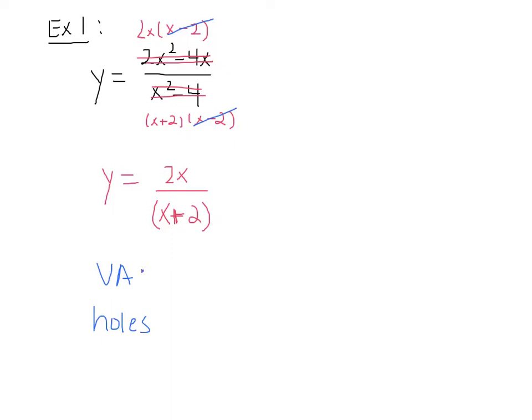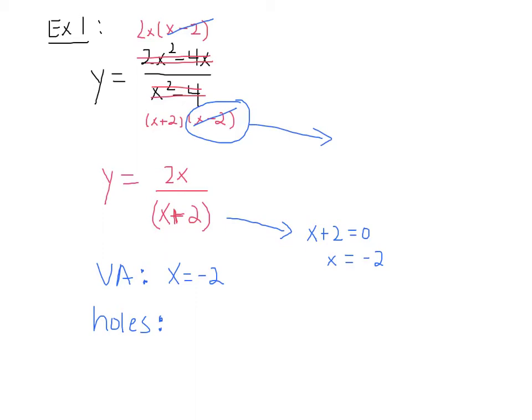Well, the vertical asymptote is found by looking at the zeros of the denominator. Remember, to find the zeros, you just set it equal to 0, and then you solve. So x plus 2 equals 0, that means that I have a zero at x equals negative 2. So that's where my vertical asymptote is. And then remember, the holes come from the factors that canceled. So this is what canceled right here. If I find the zero of that, x minus 2 equals 0, it would be x equals positive 2.